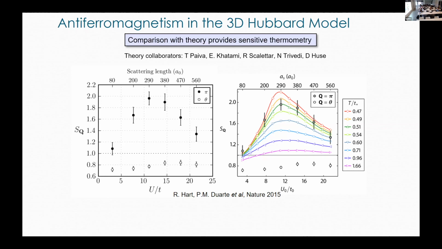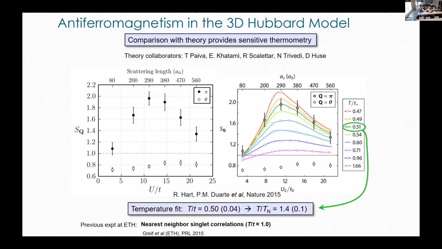And the data fit one of these temperatures very well, which is this green one, which corresponds to about 0.51. You can see the sensitivity of the structure factor with temperature is extraordinary. I mean, this is just 10% from about 1 to about 0.5, so a factor of 2.